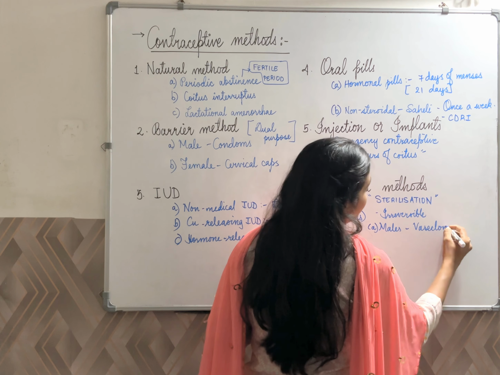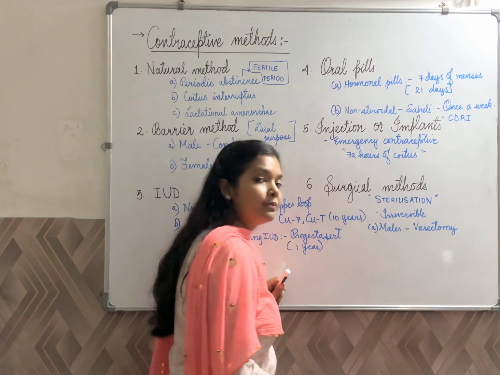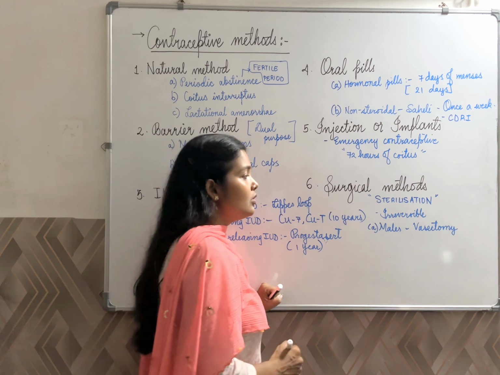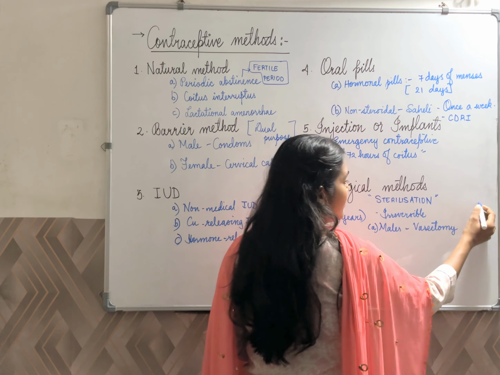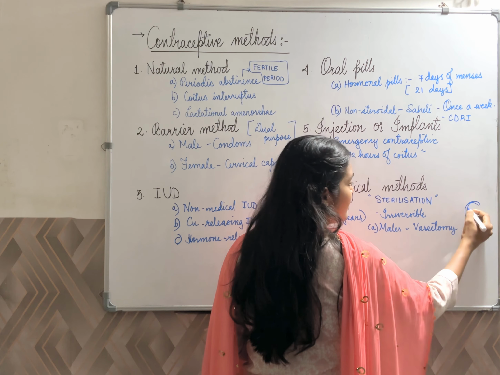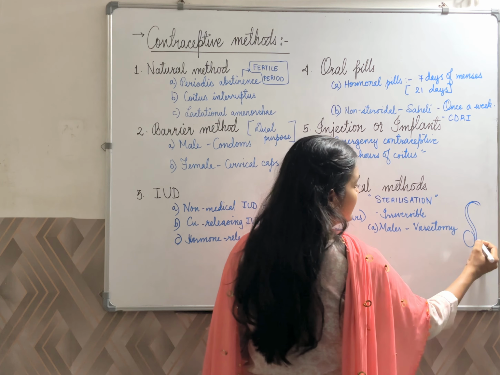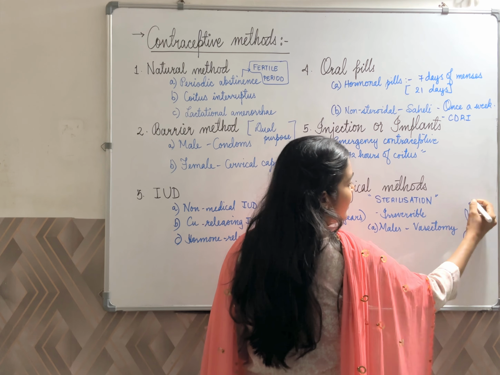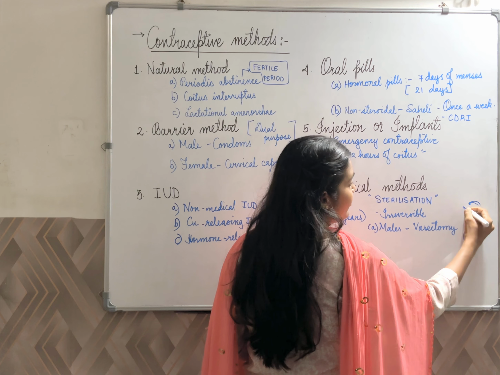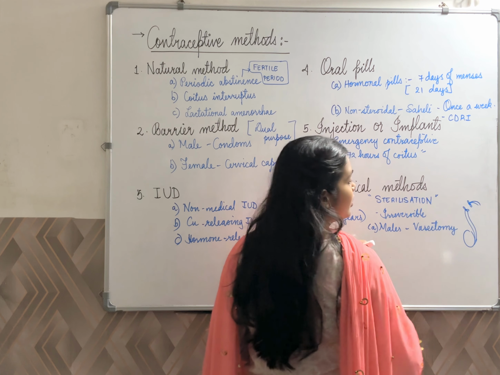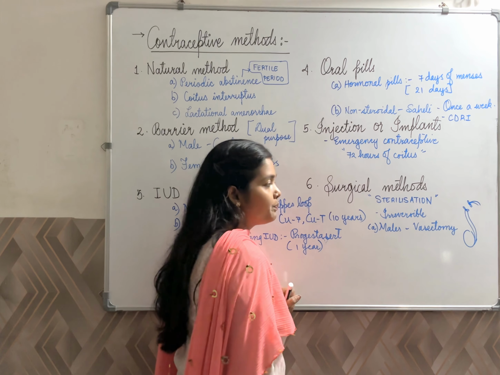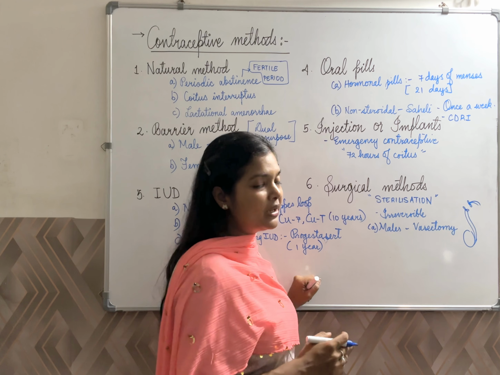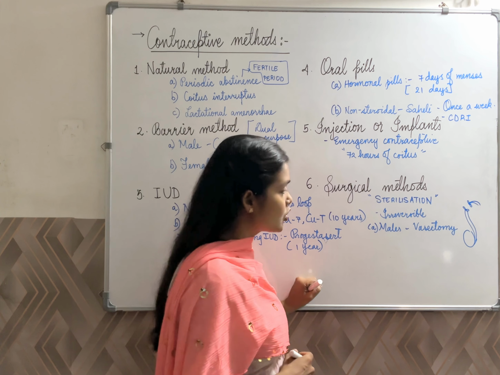In fact, we can say here the transfer of gametes is blocked. So the vas deferens is present in the males, see this is the vas deferens and here the testis is present. Here in the vas deferens a cut is made, or we can say it is tied up from here. Doing so will avoid the movement of sperm, and in order to do this, an incision is made in the scrotum.